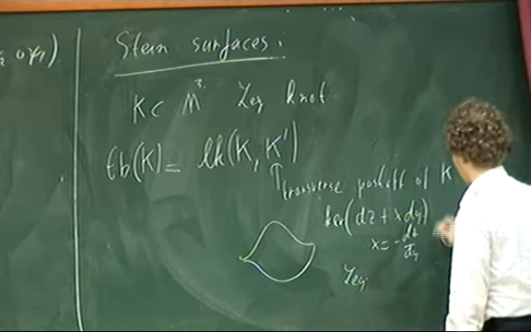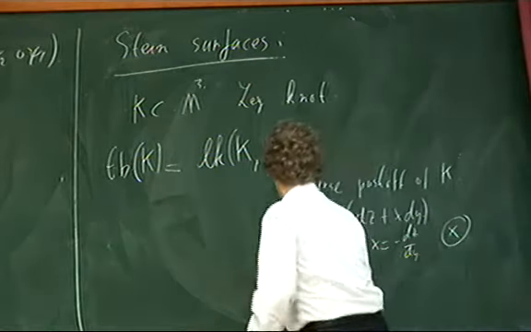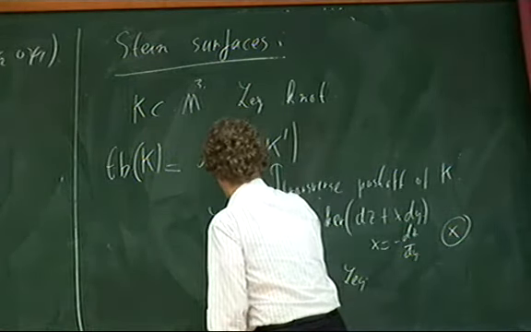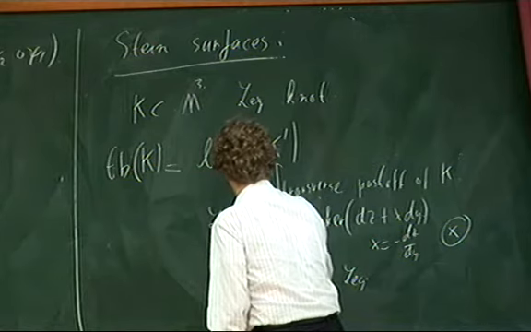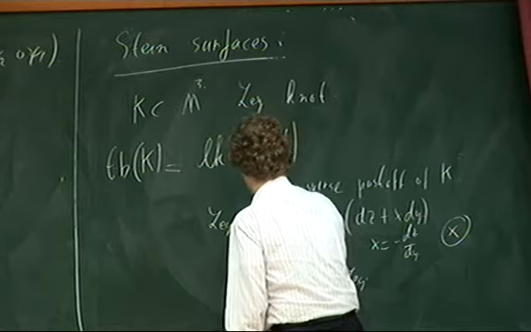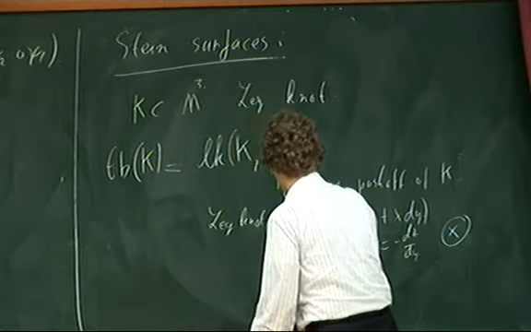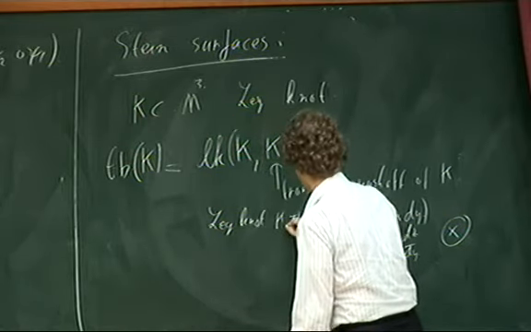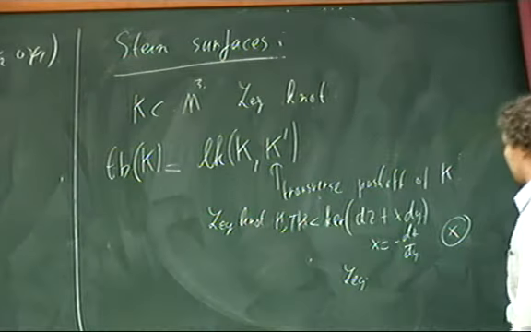This is now messy. Okay, let me write it. Legendrian knot. So the tangent bundle of K lies in the kernel of this form.